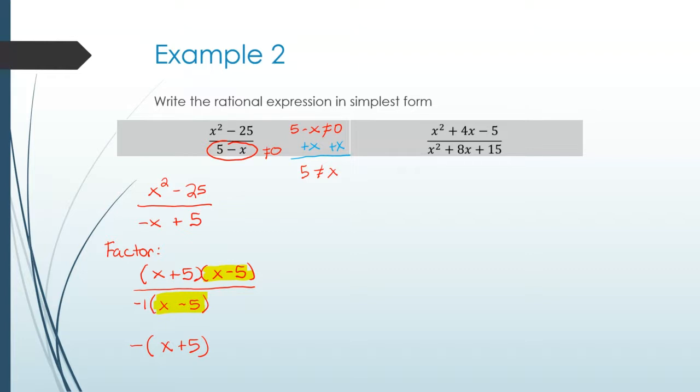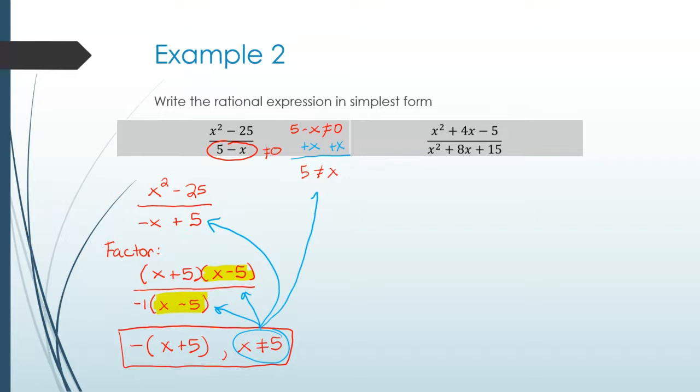Now I have to go back because I canceled out the denominator and that was part of the domain. I have to stick that back in, the fact that x cannot equal 5. Because that was what happened, that relates to what we canceled out. So this x not equal 5, that comes from the x minus 5, which that x minus 5 part basically came from the negative x plus 5 part.